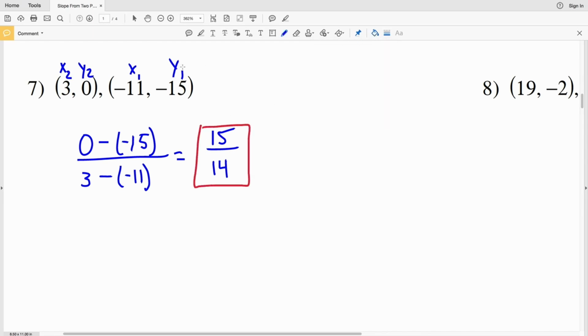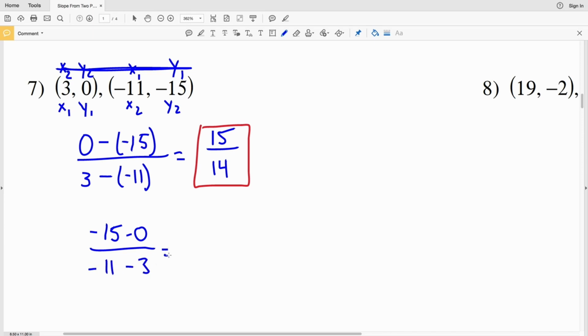Now let's say if we were to do it the other way, where we did x1, y1, and x2, y2, we're going to get the same thing. y2 minus y1 is negative 15 minus 0. x2 minus x1 is negative 11 minus 3. That's going to give us negative 15 over negative 11 minus 3, a negative 14.